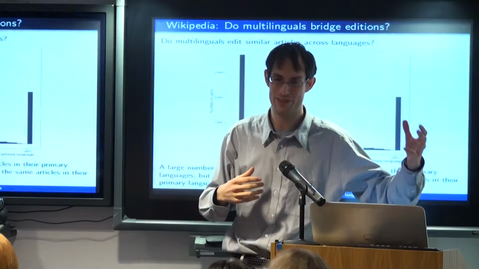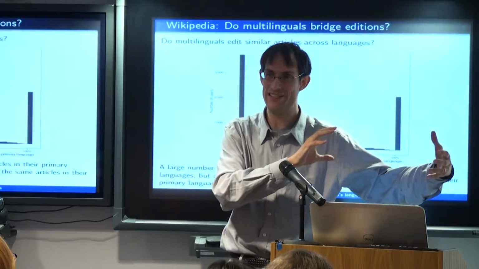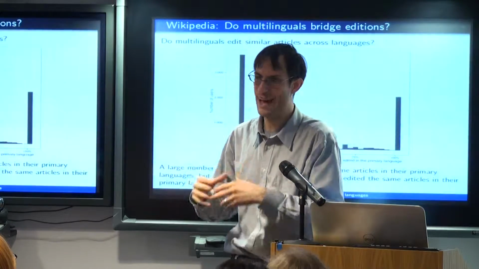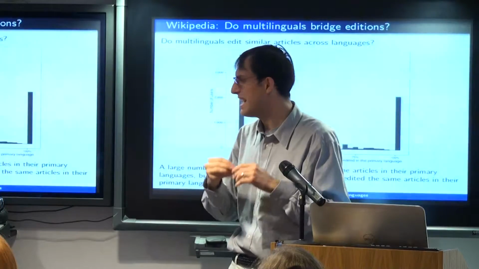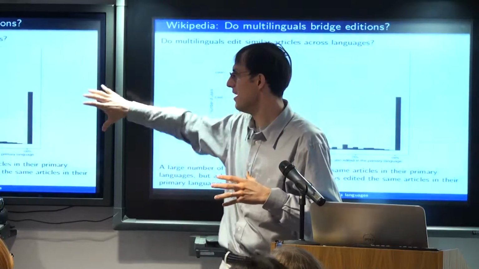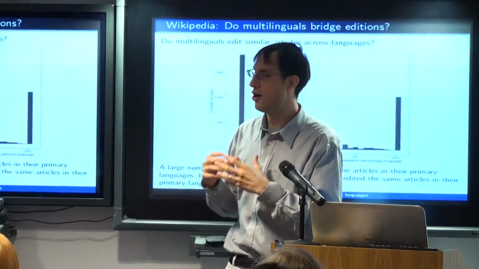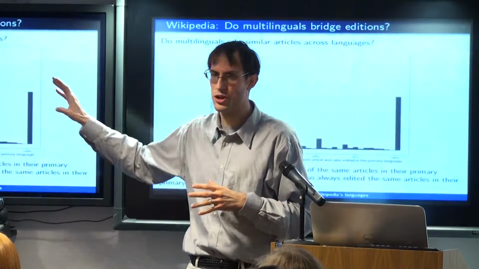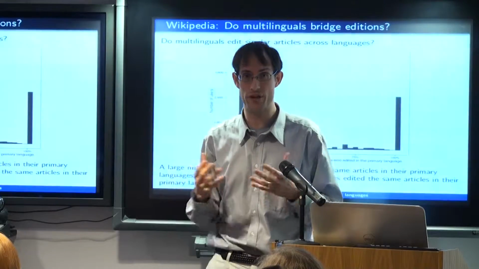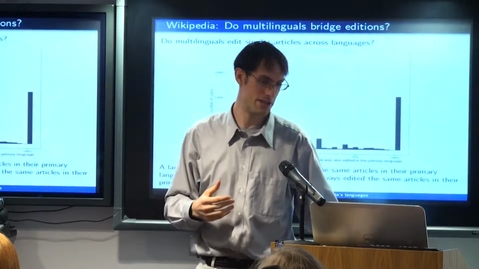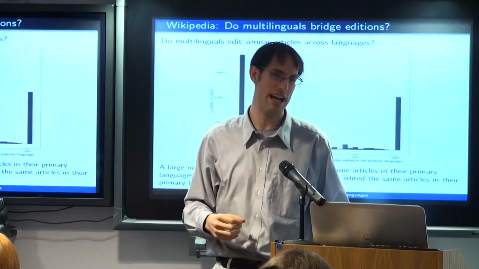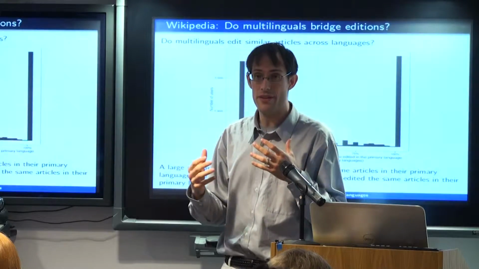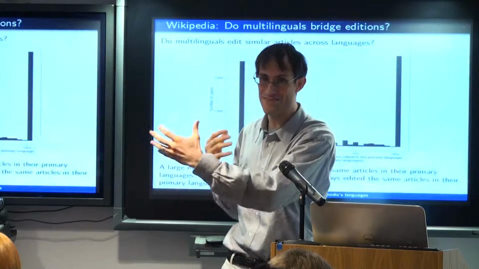So if you're editing the United States in English and Estados Unidos in Spanish, or America in Japanese, or whatever, right? So they're editing all the same ones over on that side. Now, part of that difference in that large group is explained again because not all the articles exist in different languages. So if we focus in on the smaller set of articles that exist in multiple languages, there's still a real big difference, and we still have these really big groups.